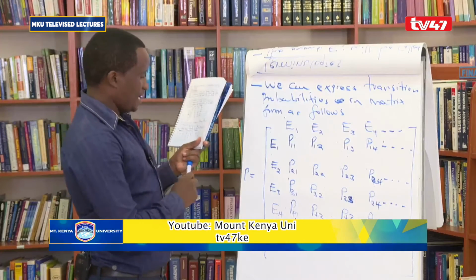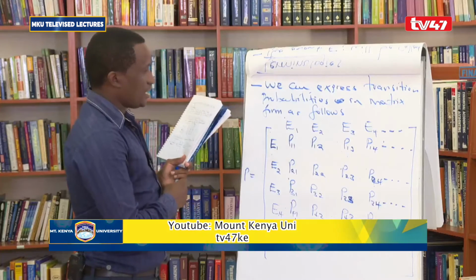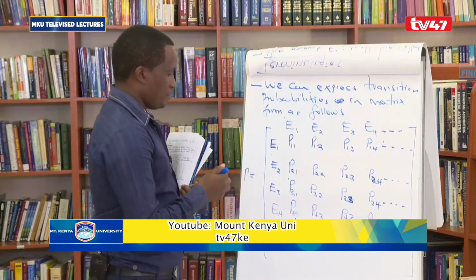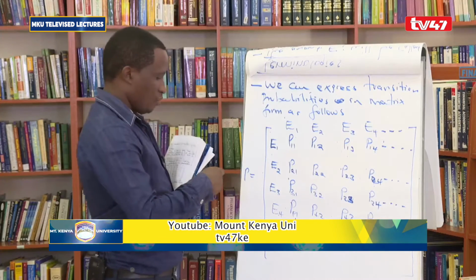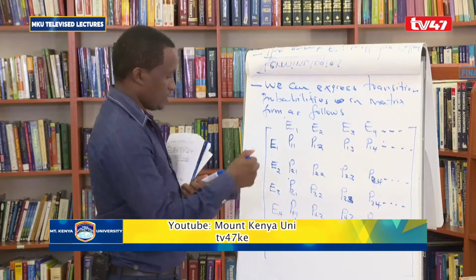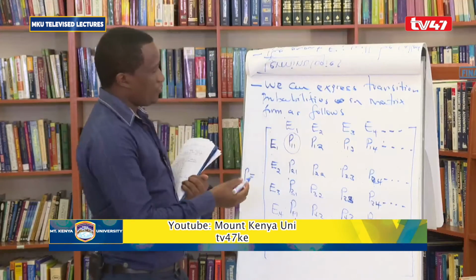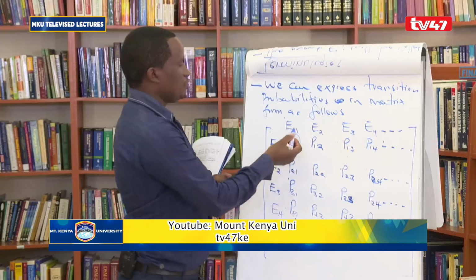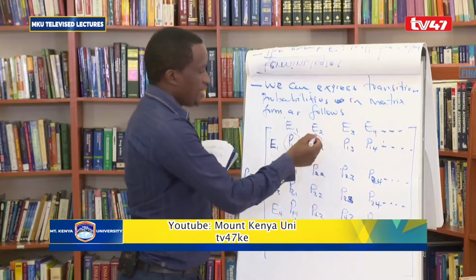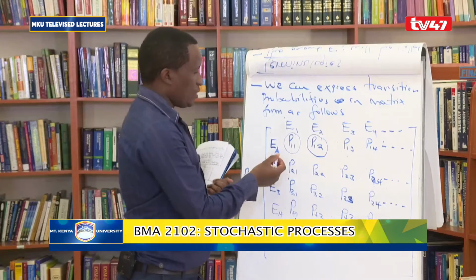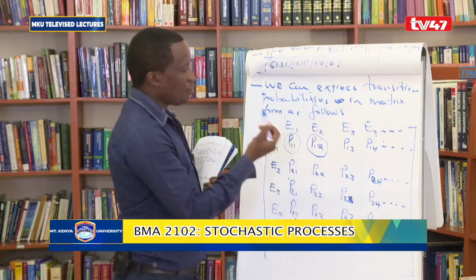Specifically, if we pick some points on the transition matrix, say the point P11, that transition probability here is the probability of moving from state 1 to state 1. If I pick this, then it is the probability of moving from state 1 to state 2 in one step.